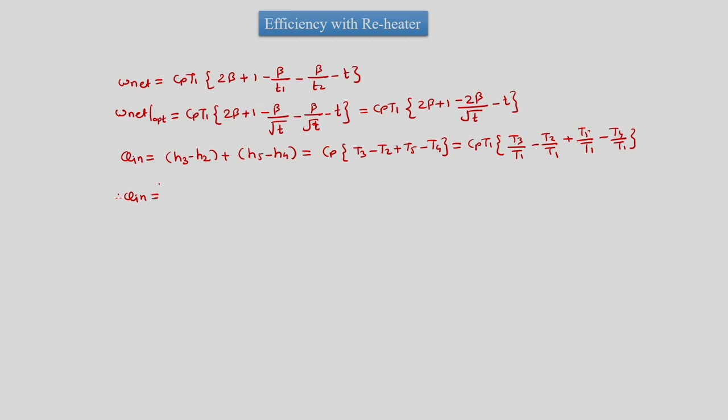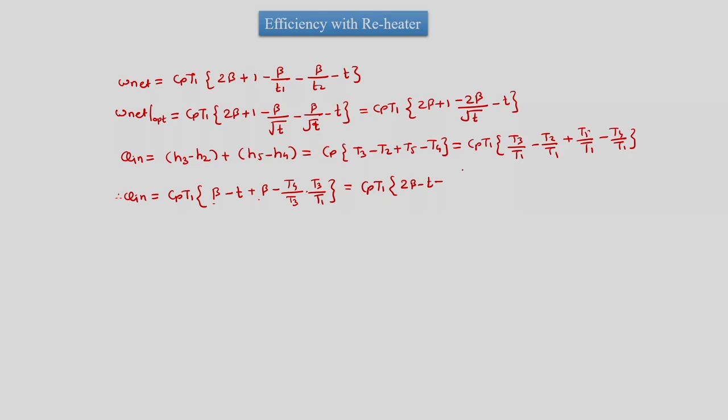So Q in is equal to Cp T1 into T3 by T1, which is beta, minus T2 by T1, which is T, and T5 by T1 is again beta, and minus T4 by T1, which is T4 by T3 into T3 by T1. So we have Cp T1 into these two betas giving twice beta minus T minus T4 by T3.